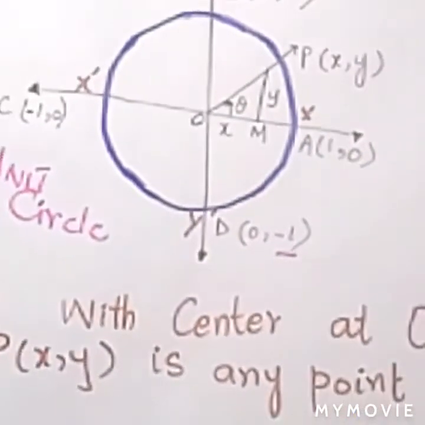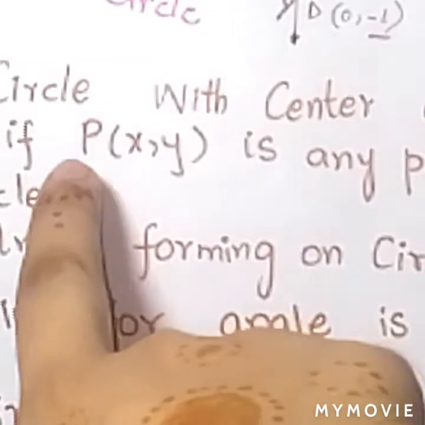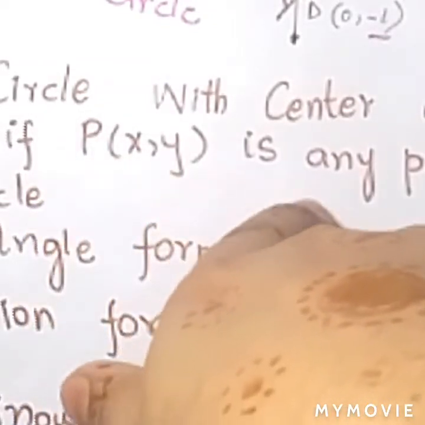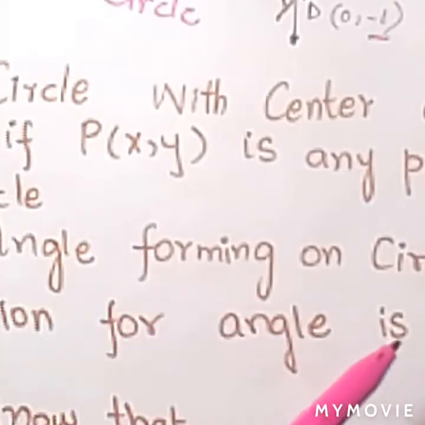Now for a circle with center at origin O, if P(x, y) is any point on the circle, any angle forming on the circle, XOP is the general name. You can use different names according to you. The position for the angle is standard.